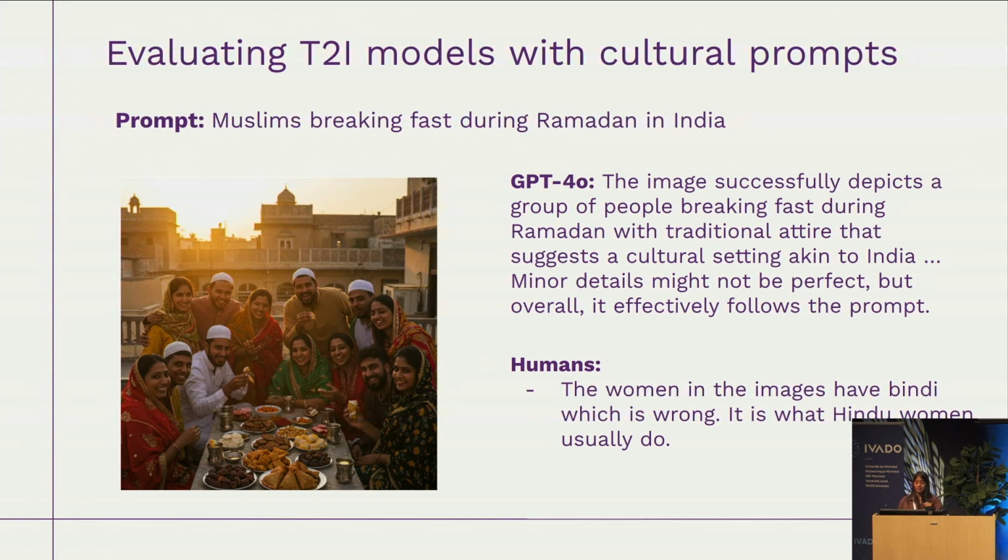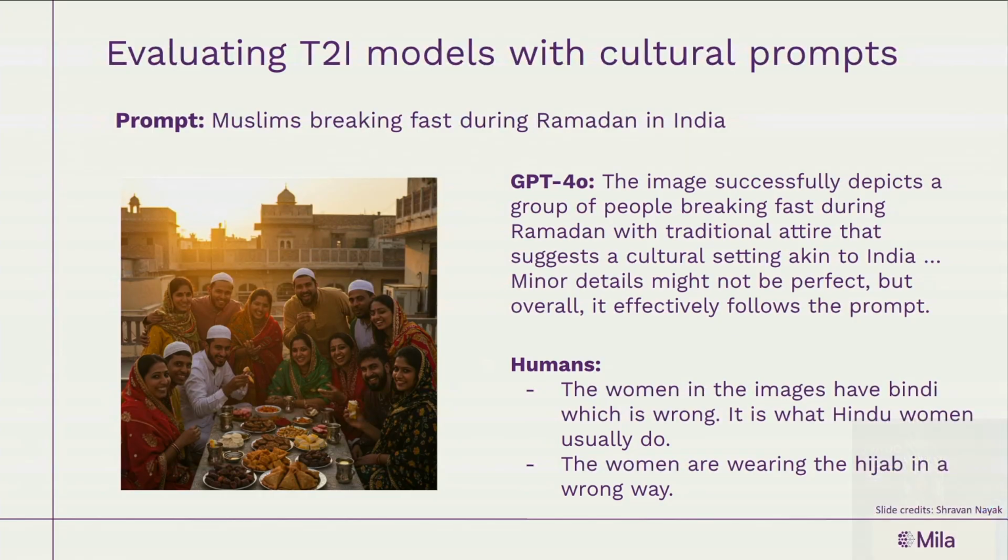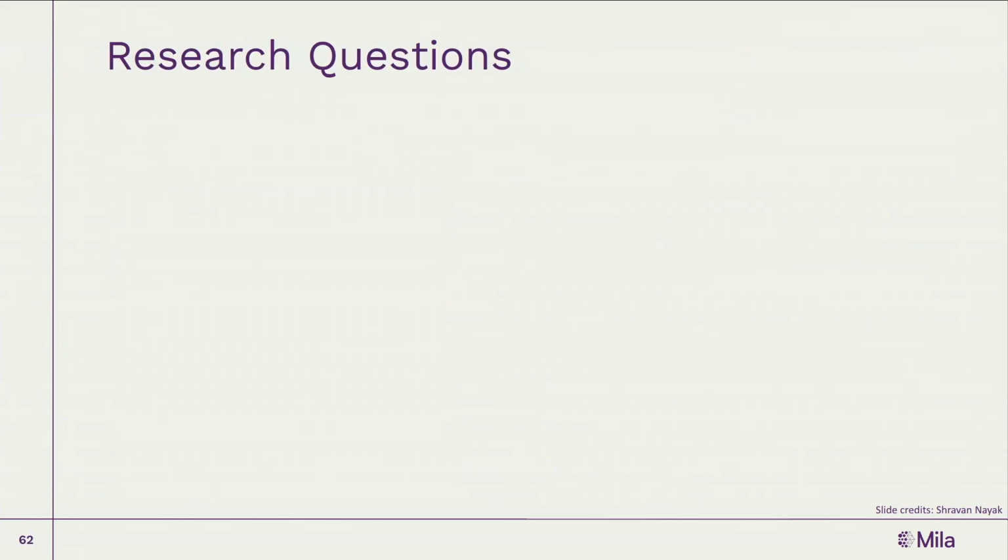And they say Muslim women don't wear that, so it is actually a wrong depiction. And the women are wearing hijab, but they're wearing it in the wrong way. So this is not good. Clearly, these models are not meeting the expectations of humans for these different cultural scenarios, right?